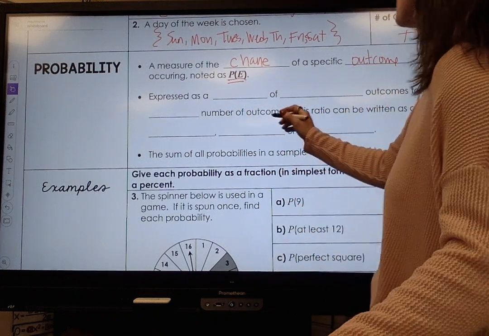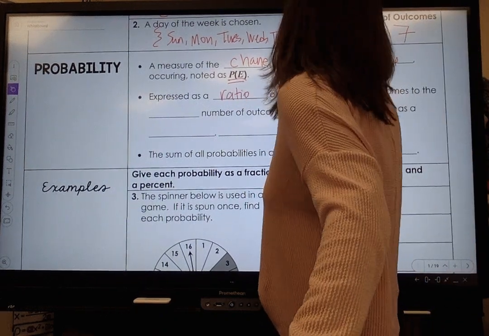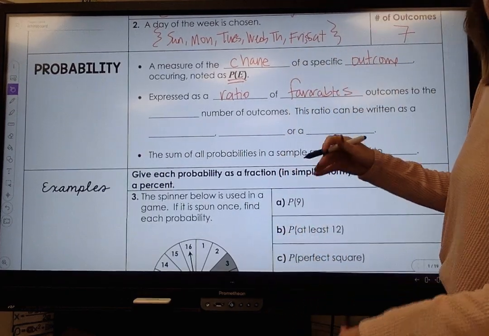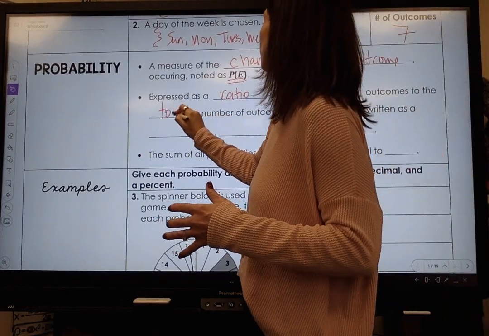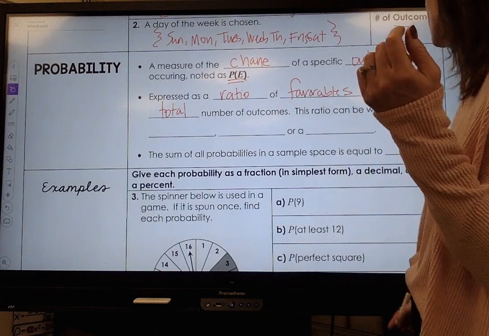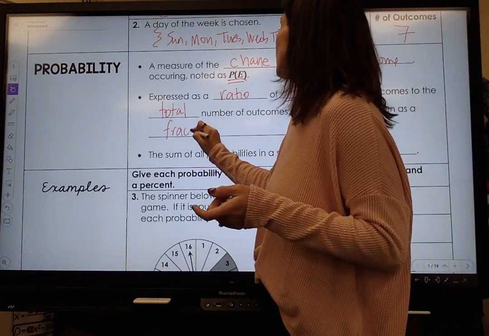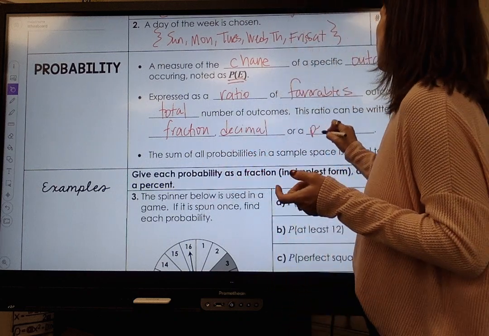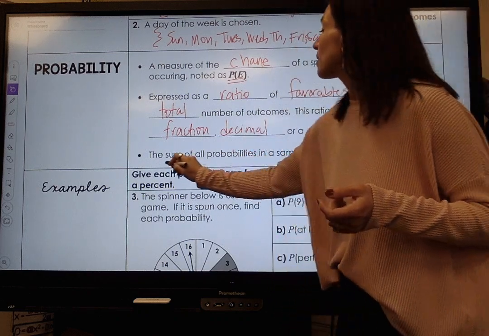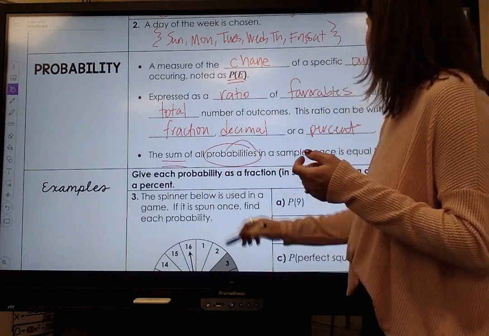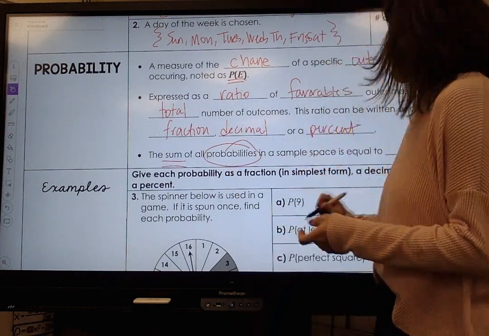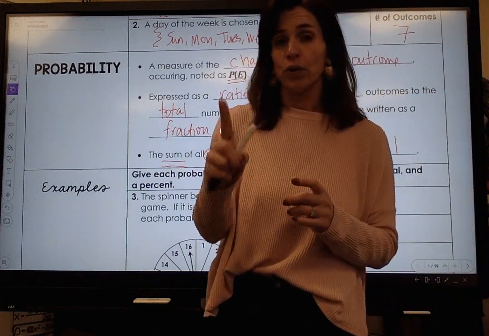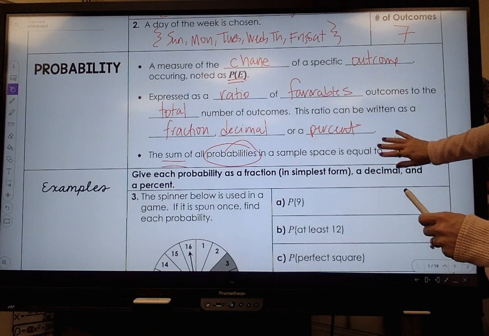And this can be expressed as a ratio of favorable outcomes to the total number of outcomes. And this ratio can be written as a fraction, a decimal, or a percent. But the sum of all probabilities in a sample space is equal to 1. Just like if I turned 1 into a percent, it would be 100. So it's all based out of one whole unit. Okay, so that's my definition of probability.